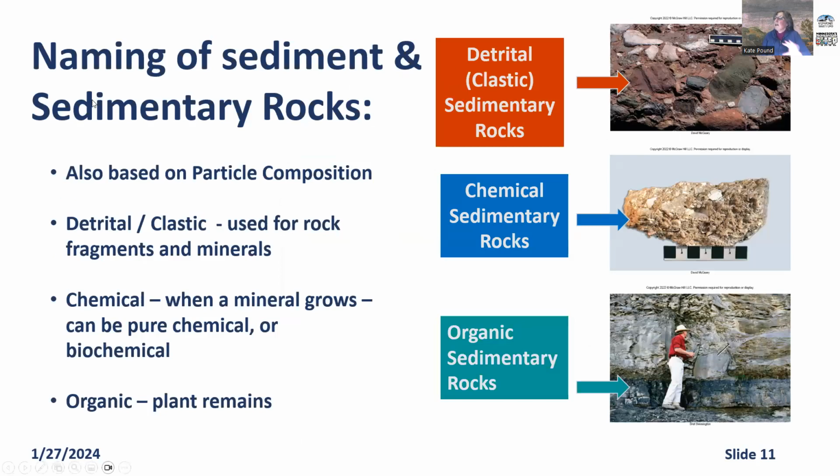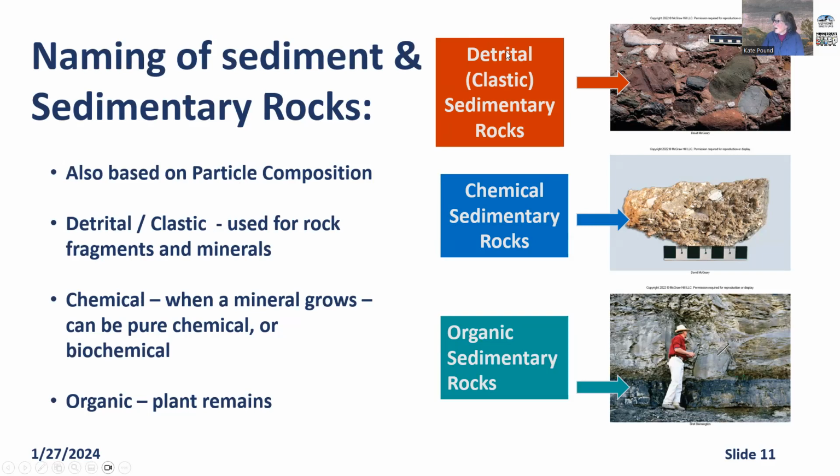Now, as well as particle size, we have to consider the composition of the particles. And this is where, as you can imagine, it can get complicated. But there's really three main divisions.